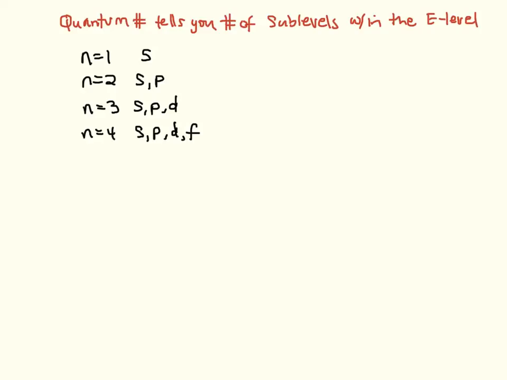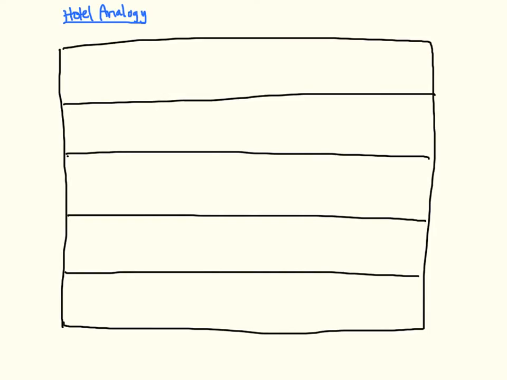So I'm about to do a little analogy of how the orbitals are arranged using a hotel. So this analogy is going to be based off the idea that an atom is like a hotel, which it's not, but let's pretend that it is.